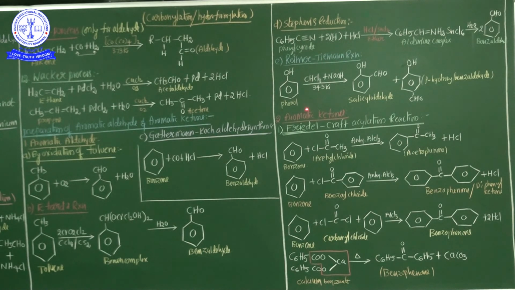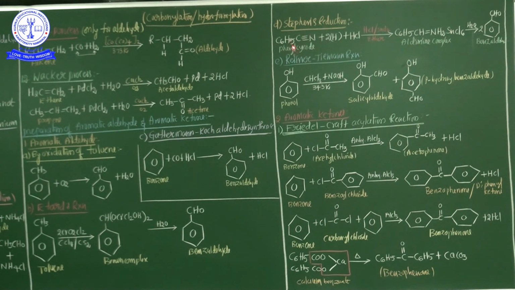In this Stephen reduction, benzaldehyde is obtained by the partial reduction of phenyl cyanide with stannous chloride and passing dry HCl gas in ether solution, followed by the hydrolysis of the aldimine stannic chloride with water. This is a Stephen reduction.